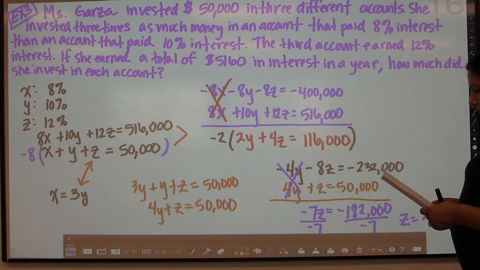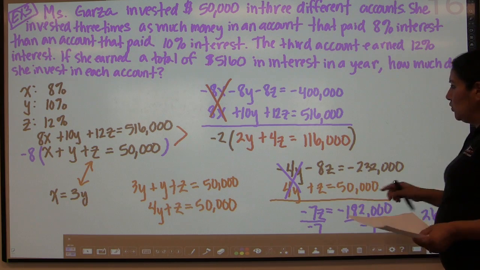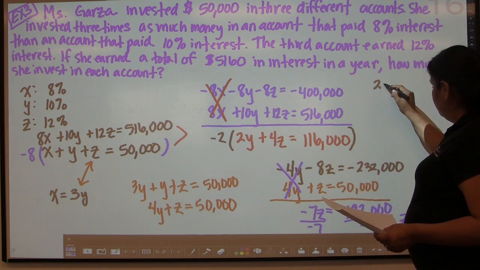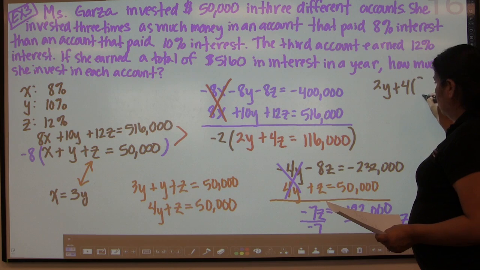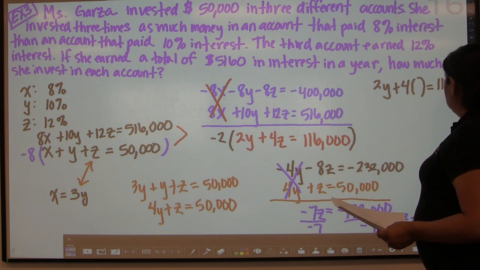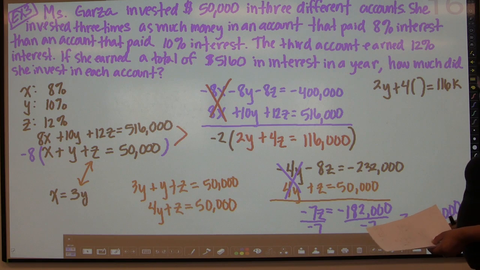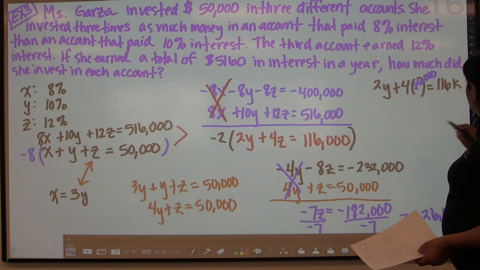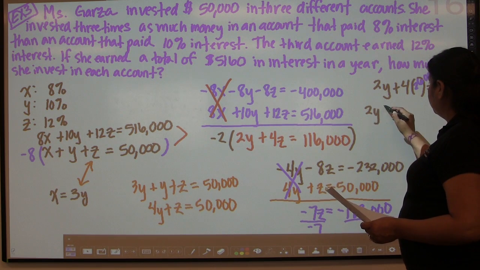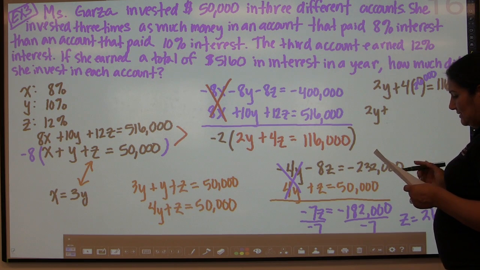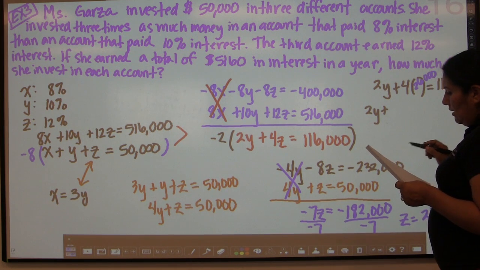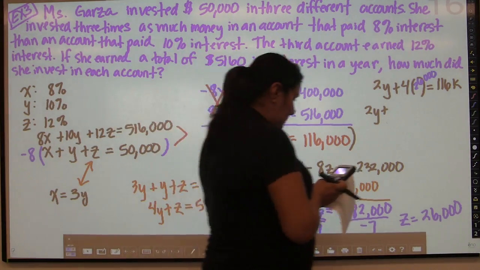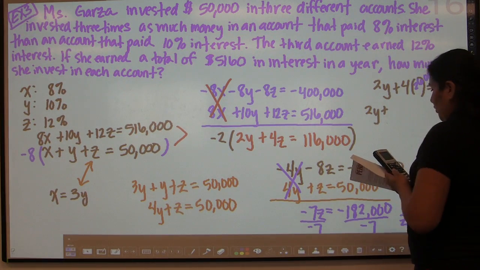And then we can find y very easily by plugging our z value into any one of these equations. So I'm going to use this 2y plus 4z equals 116k. Since z equals 26,000, I'm going to say 2y plus 4 times 26,000 is going to equal 104,000.